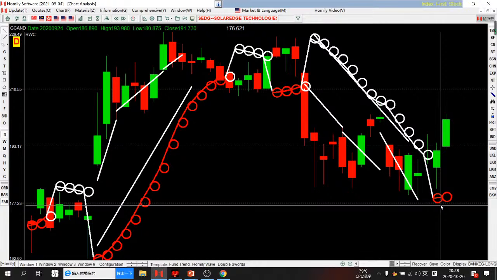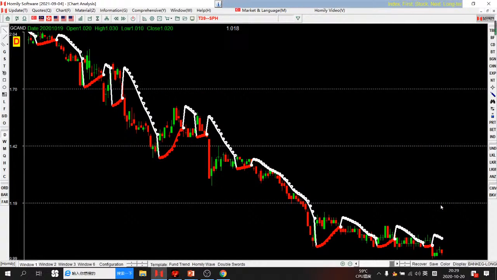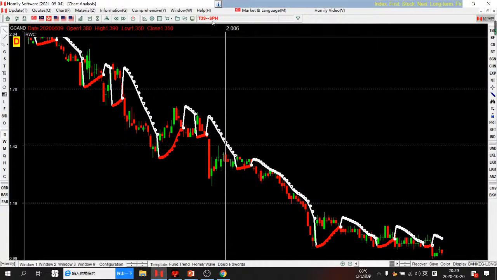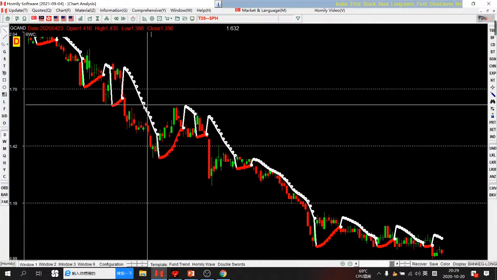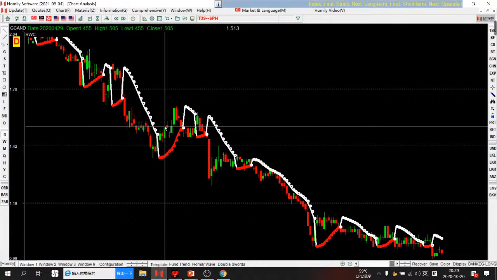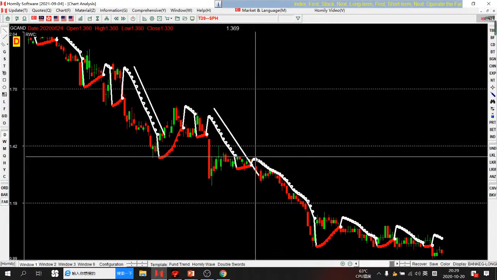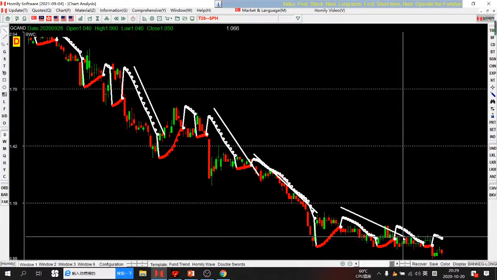For example, this is the Singapore share, SPH, Singapore Press Holdings. You can see the general direction of the stock, a lot of white circles.